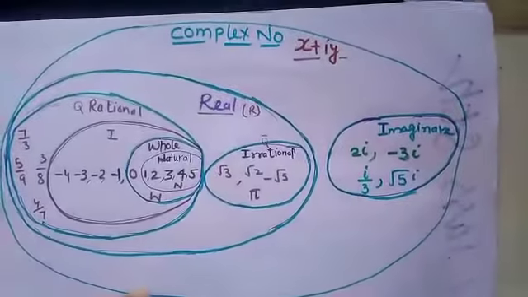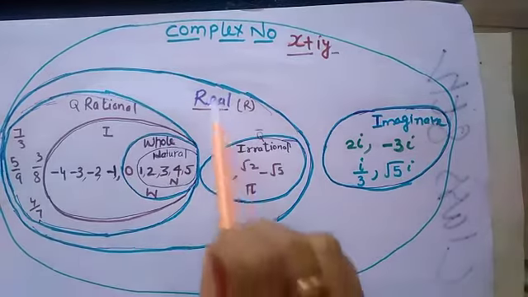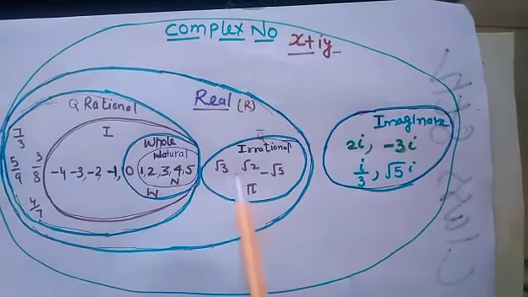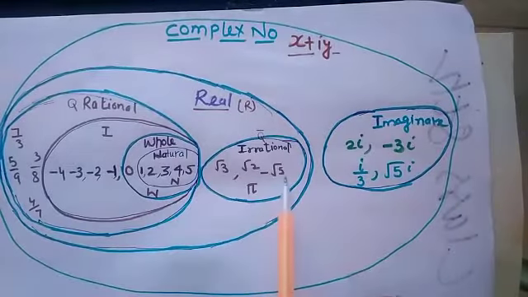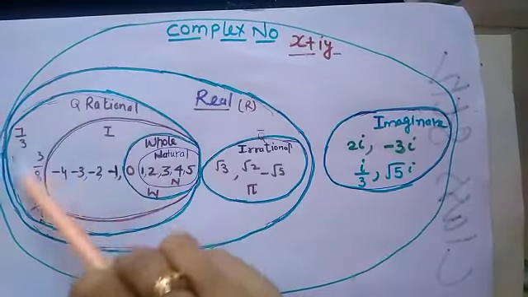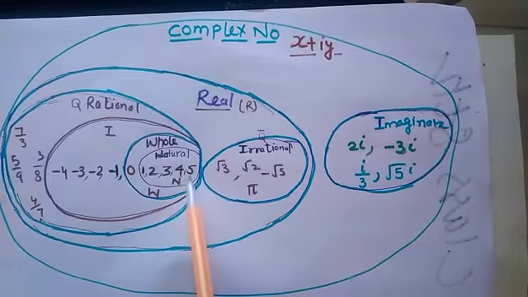So let's move to the next page. In the next page, I have represented the complex number, how and what it is containing. You can see this is a circle of the real numbers, and this is the irrational numbers, which are root 3, root 2, and minus root 5, pi. And in the rational numbers, it is containing natural numbers 1, 2, 3.